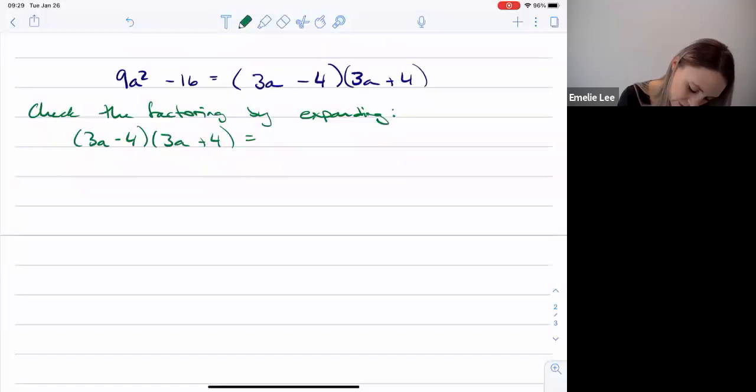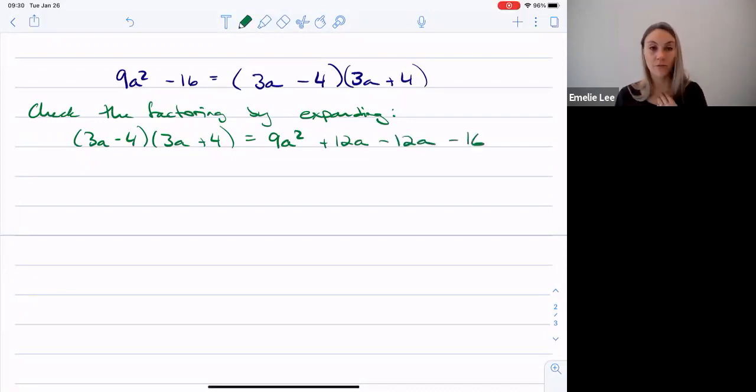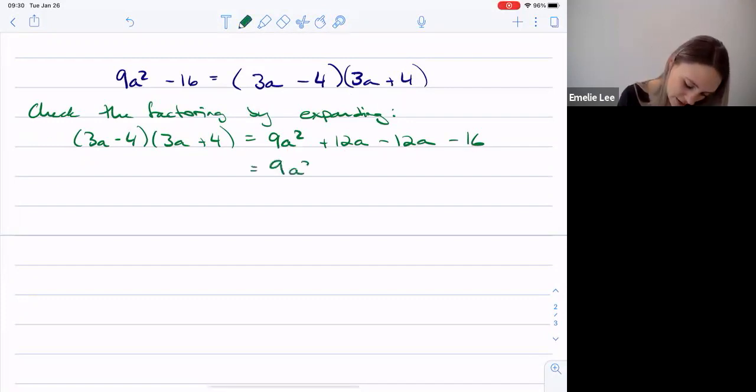So I get 3 times 3 is 9a squared. Off to a good start here. And then plus 12a minus 12a, and then minus 16. 4 times 4 is 16. Okay. So we see here that 12a minus 12a is going to go away, and I'm left with 9a squared minus 16, which is where I started.